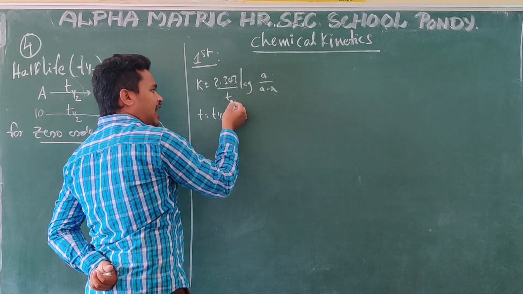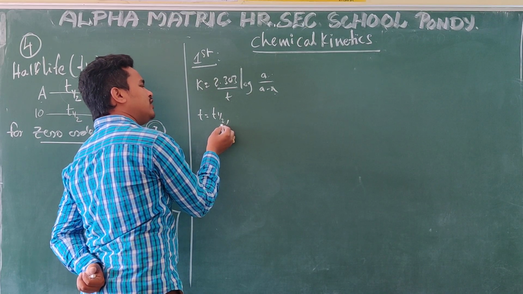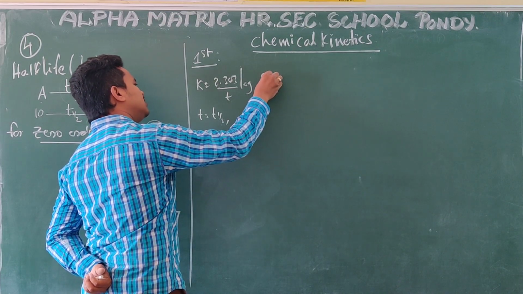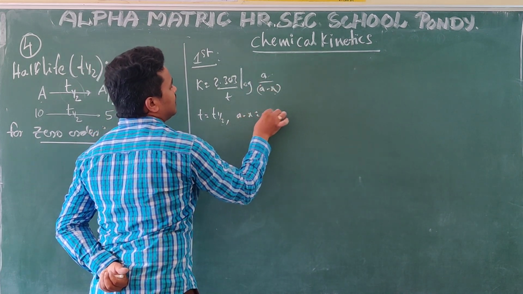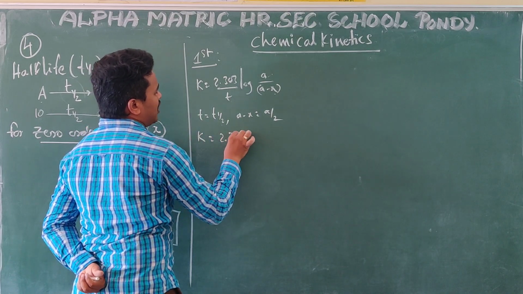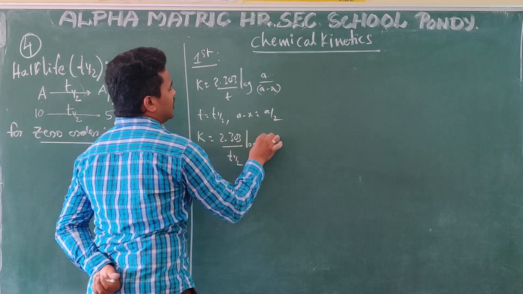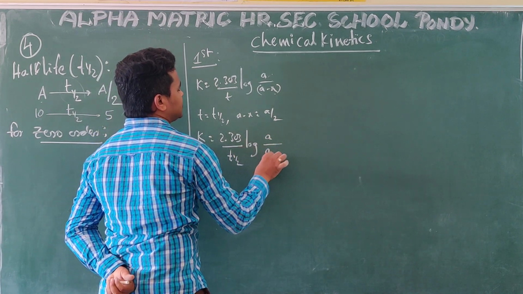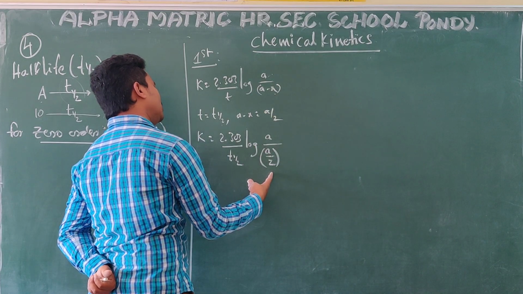Initially A, time becomes T half, meaning the time required to reduce the initial concentration to its half. So substitute: K is equal to 2.303 by T half log of A by A by 2.